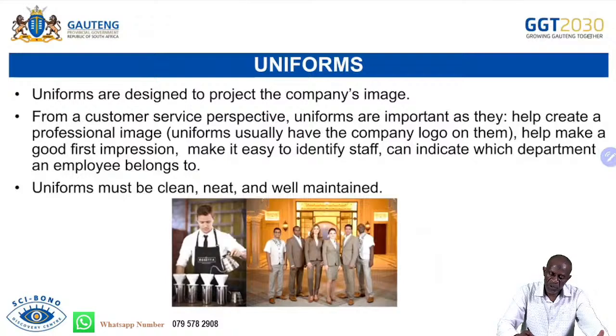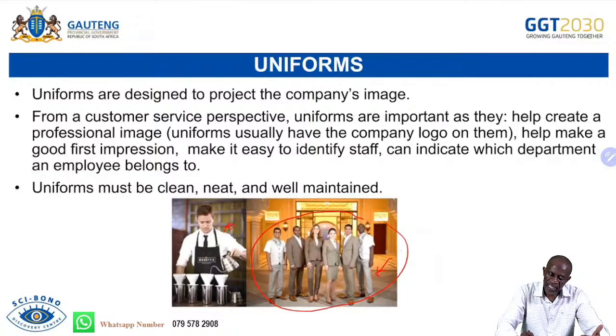Uniforms. So certain jobs would require its employees to wear uniform. As in the case here, you would clearly identify this person as working in the catering industry. It's either a chef or a cook, and here would tell you that they are working in an office environment where uniform is the core aspect of that business.